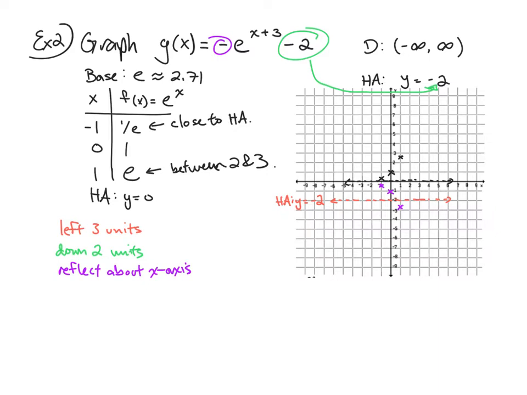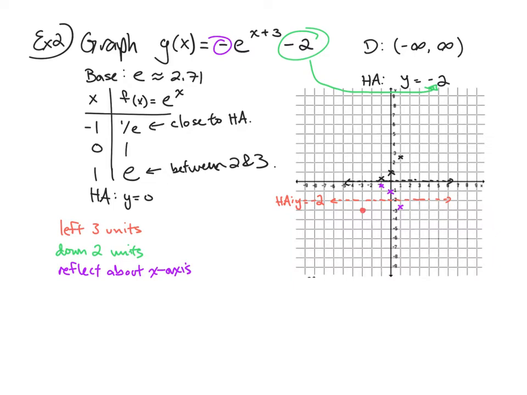So I can say this point here, let's move it left 3 and down 2. So I know this middle purple X should be right here. So I'm going to put that in red right there.